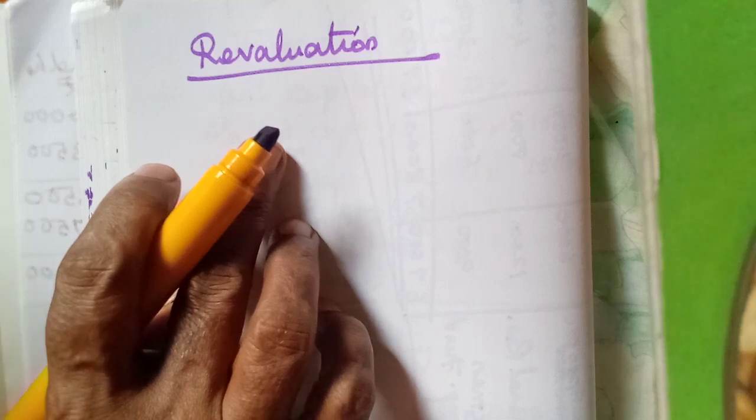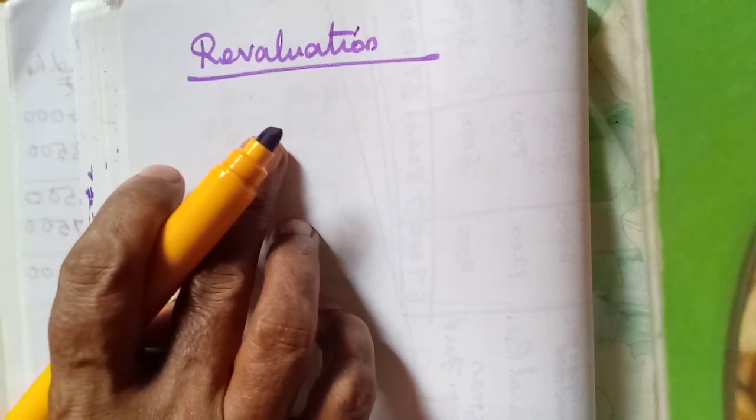In the same way we need to do it here. All the profit items will be entered on the credit side of the revaluation account, and all the loss items on the debit side, isn't it? Any increase in value of an asset is a profit item; any decrease in the value of an asset and increase in the value of a liability are loss items. Tomorrow we will learn the accounts, but today I will mark and give you the question answers.